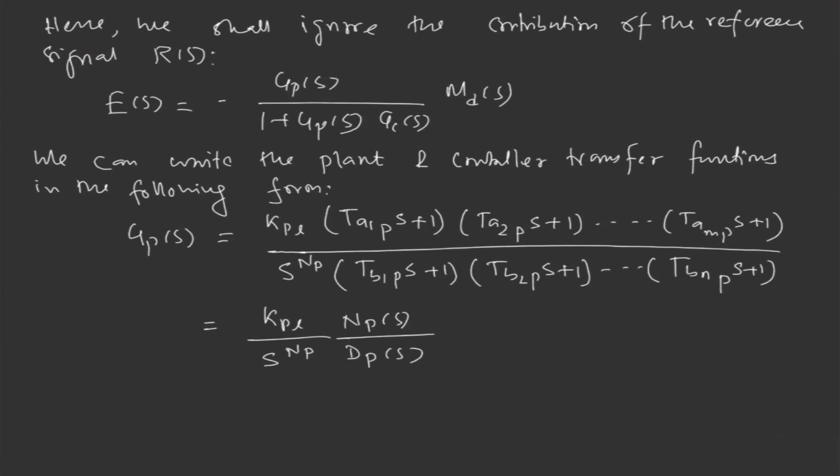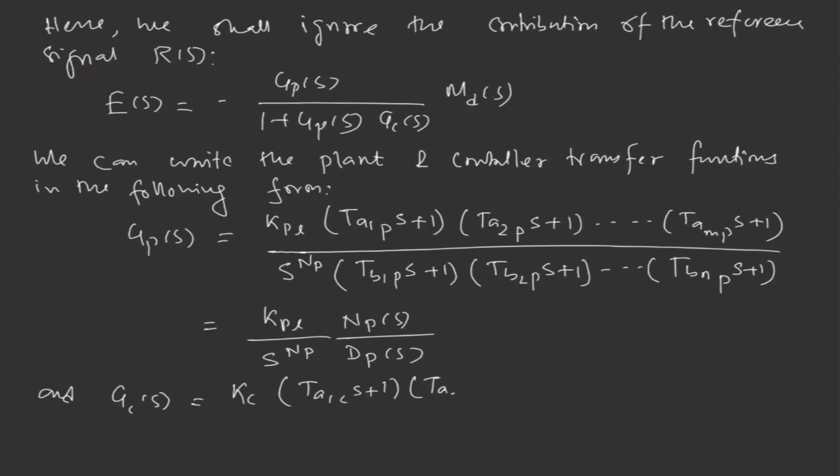And also, let's write Gc(s) equal to Ac (Ta1c s plus 1). Here c denotes the controller, and in the above, p denotes the plant.